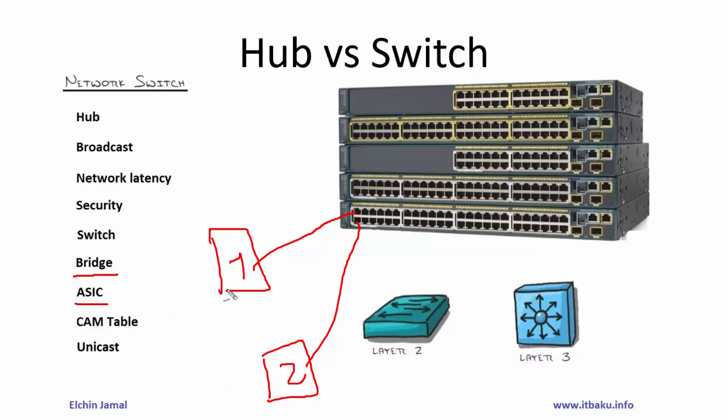It doesn't know about computer number 1 or computer number 2. For the first time, the switch sends this information to all its ports. So the switch sends a broadcast signal for the first time, and as soon as it does, the switch has a table called the CAM table.